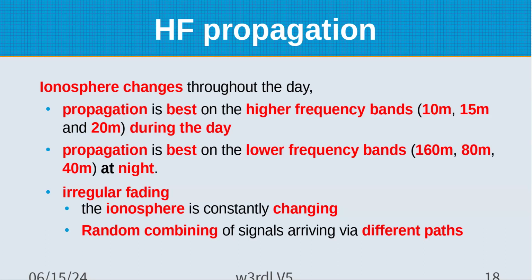And you can get what we call fading, where you might have a strong signal when you start making a contact, and it may actually fade out because of kind of a multipath operation, because of the irregularity of the ionosphere itself, where some portions may refract more than others. So it's kind of a multipath type of effect.